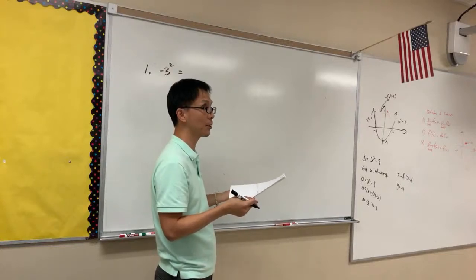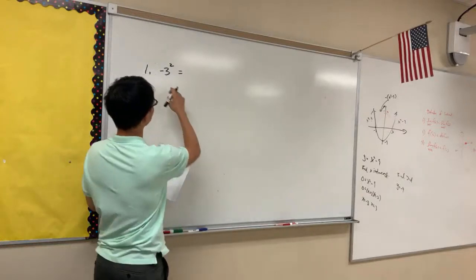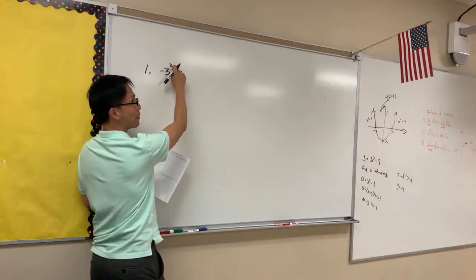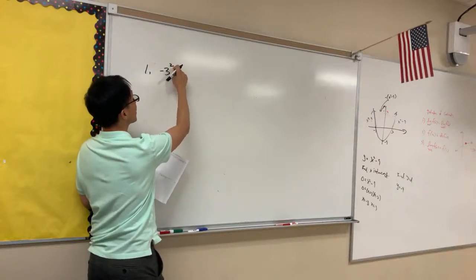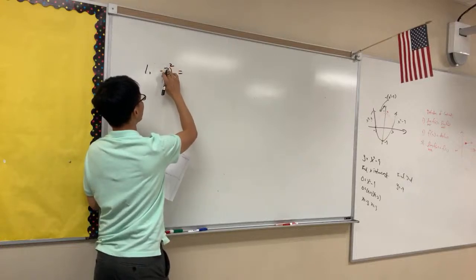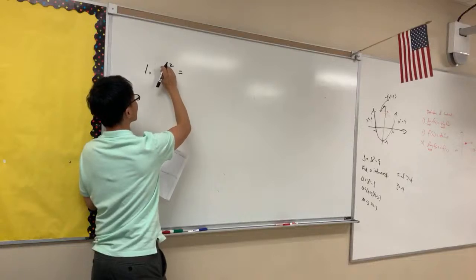If you don't know how to answer the first question, I don't really want to grade it. So -3 squared: since there's no parenthesis, technically the exponent happens first.